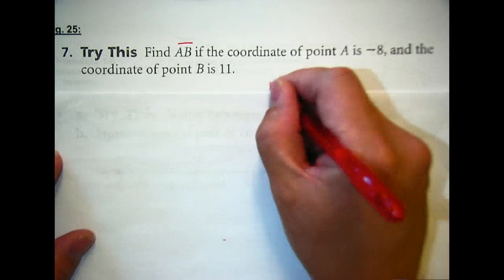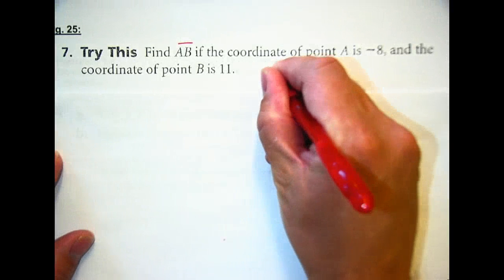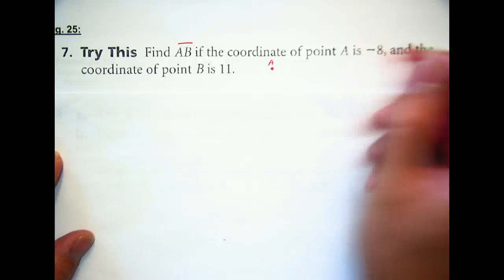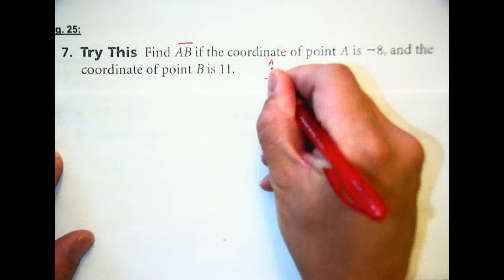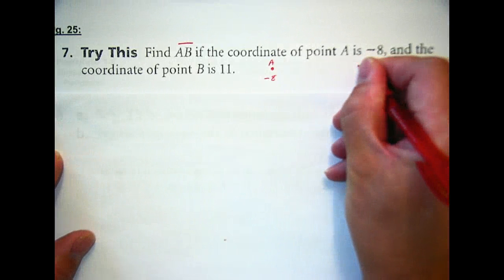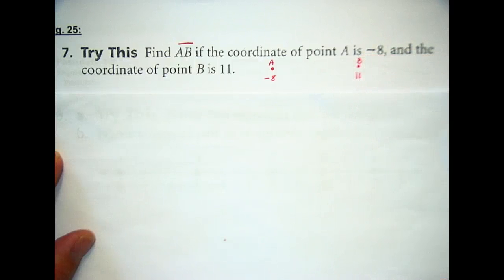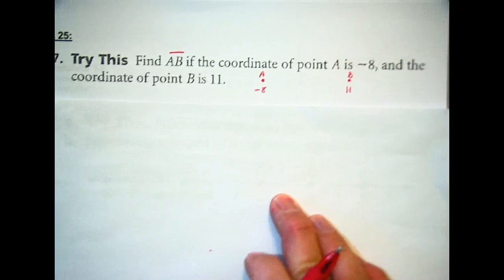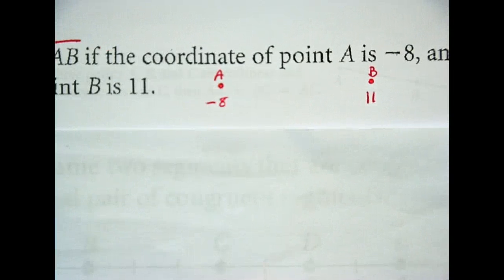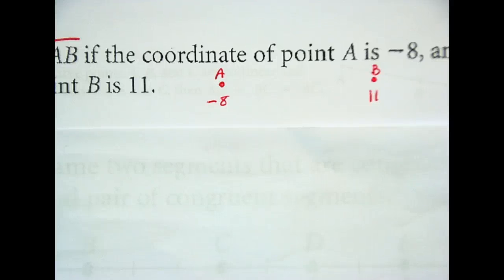Okay, time is up. Now, here's point A. If point A is at negative 8 and point B is at 11, now, I said you didn't have to draw it out. How many of you find it easier if you draw it out? Yeah. So sometimes when you're struggling, it's nice to draw the picture.